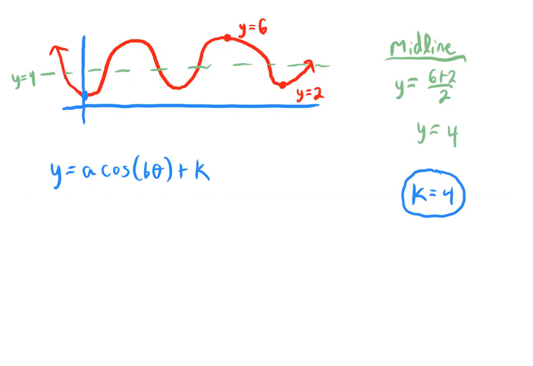Okay, so A is the distance. How far do you travel to get from 4 to 6? Somebody tell me, from 4 to 6. 2.